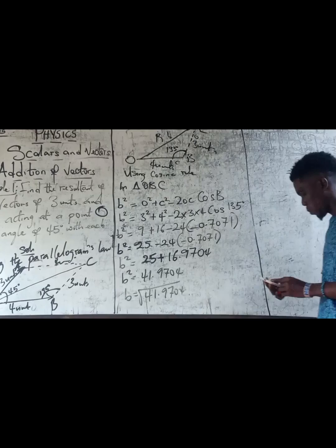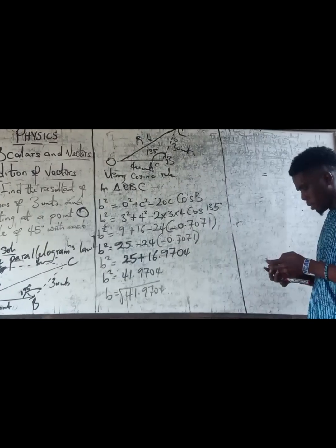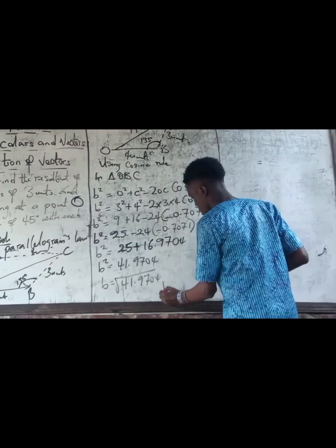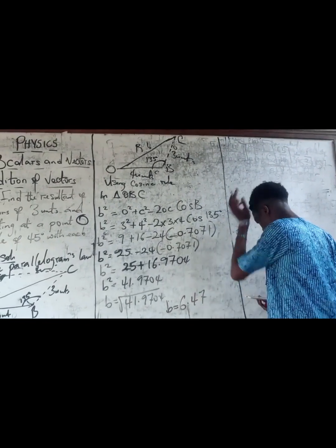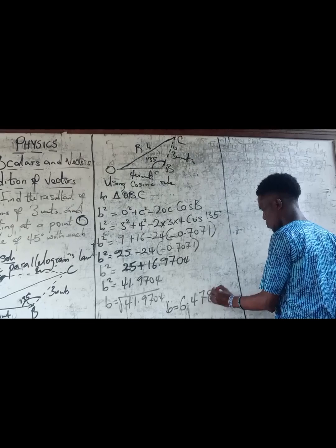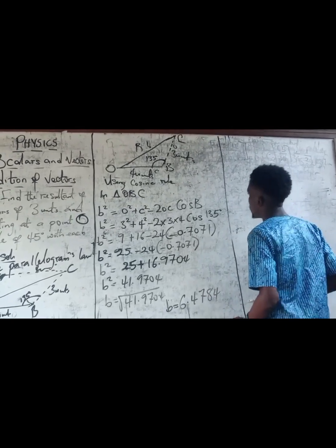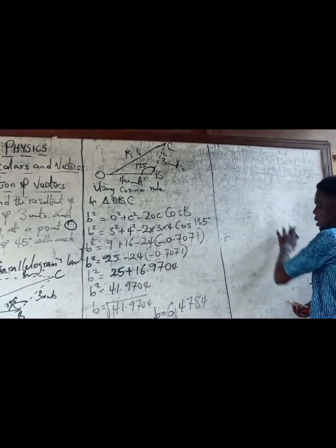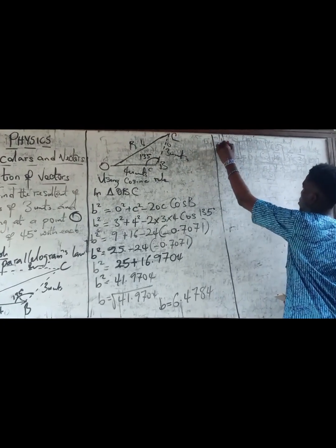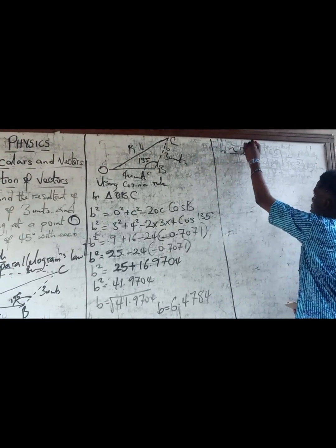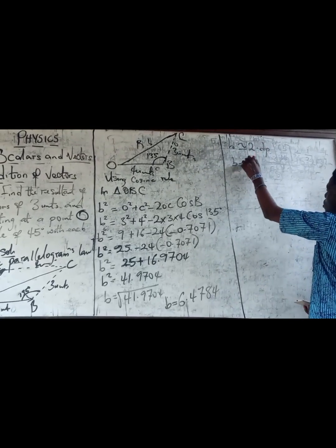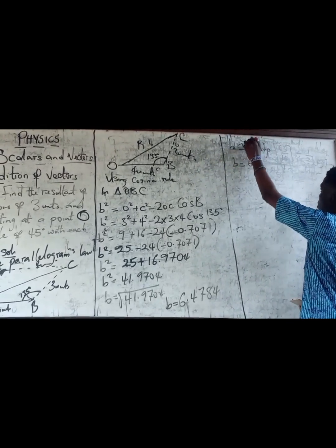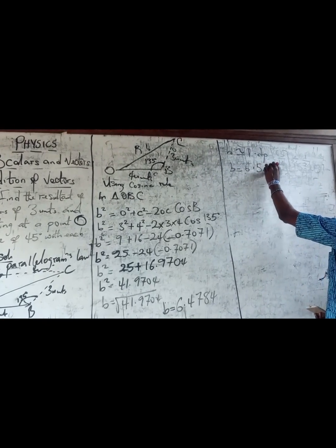The square root of that gives us B is 6.478. To make our answer in short form, let's just leave it in 1 decimal place. So therefore B is 6.5 units.